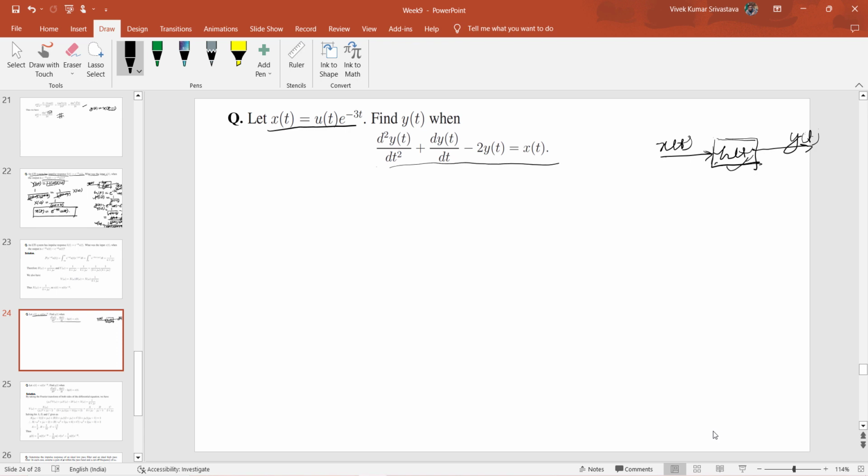And now the problem states that we have to determine the value of y(t) here. Now to solve this problem, we will use the same Fourier transformation method.